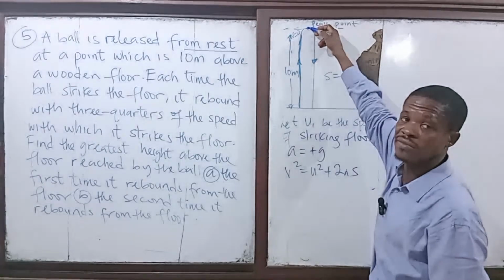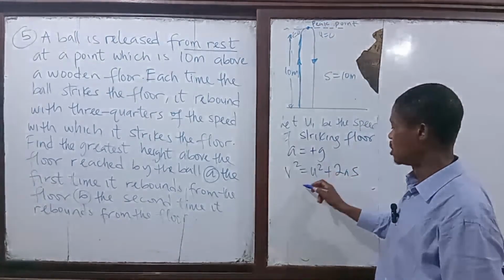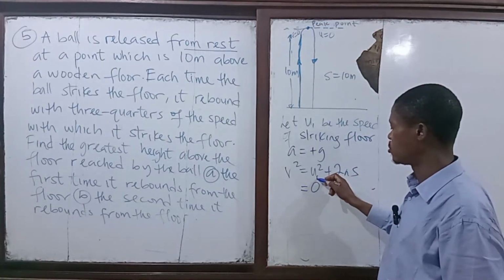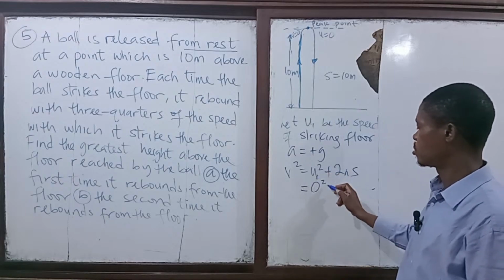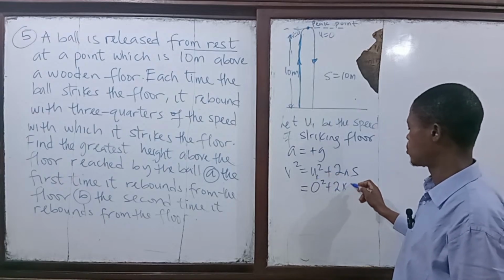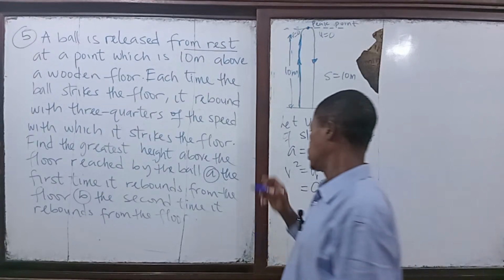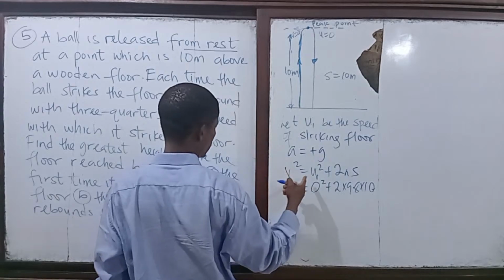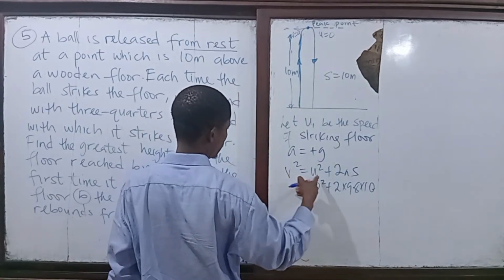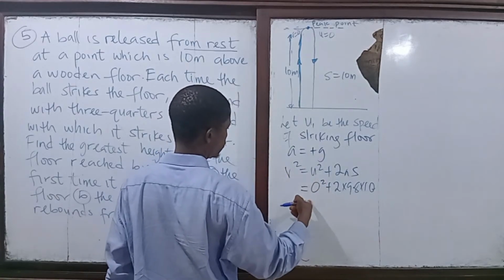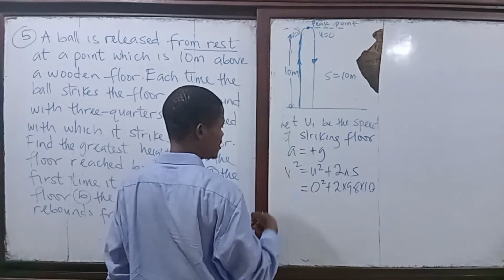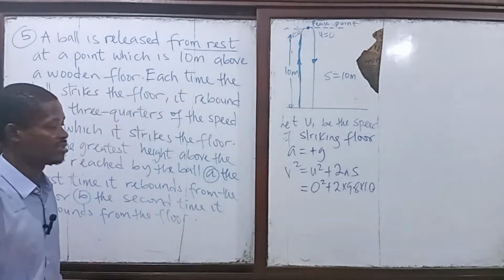When you drop an object from a height, u is 0. So this is my u1 squared equals 0 plus 2 times 9.8 times 10. This u is 0, and u1 is the speed at which it strikes the ground.